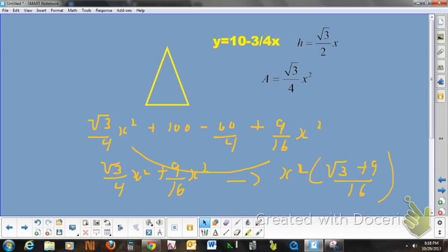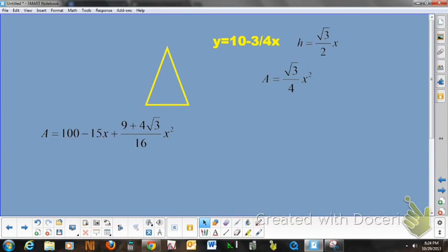So you can see how that works out. And then 60 over 4 is obviously 15. So minus the 15, and we've got the 100 out in front. So I'm going to redo this so that we have some room. So this is what we get for the area expression when we simplify everything out.